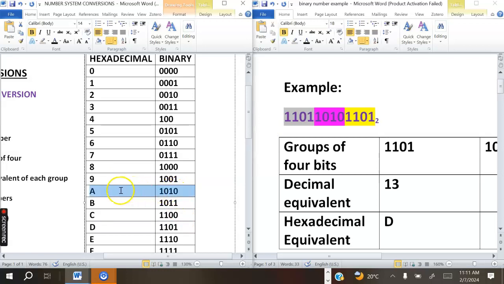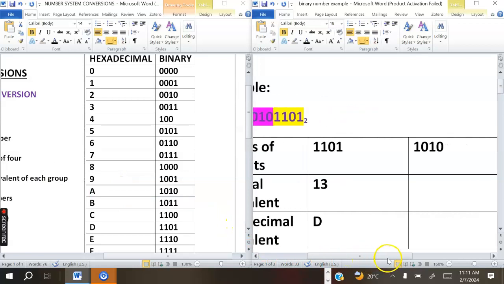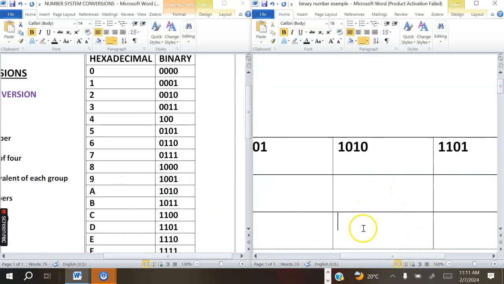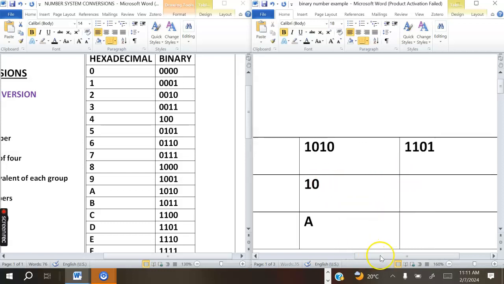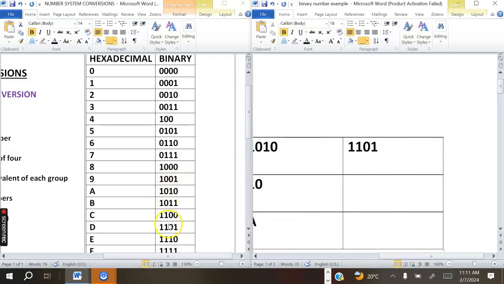If you look at the hexadecimal to binary, it's supposed to give us a value of A. A is equivalent to 10, while 1101 is supposed to give us a value of 13, the decimal, which is equivalent to D.